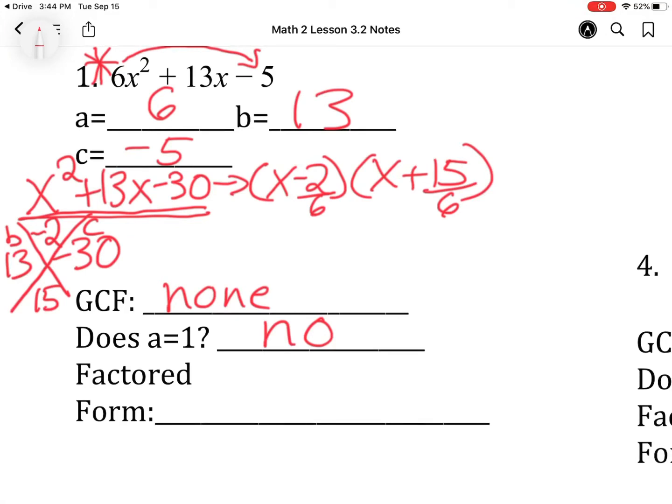Before we do anything else, we have to simplify those fractions. So in this case, we have x minus 1 over 3. And for the second parentheses, we have x plus 5 over 2.